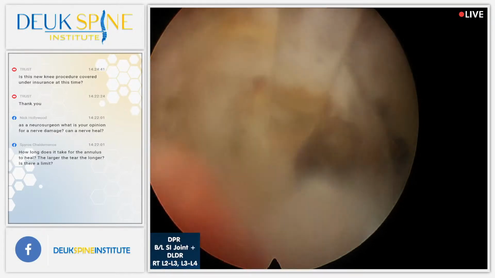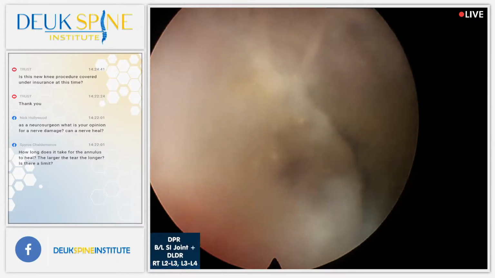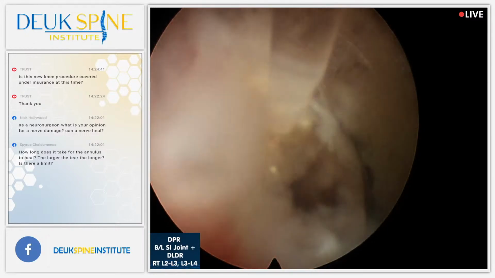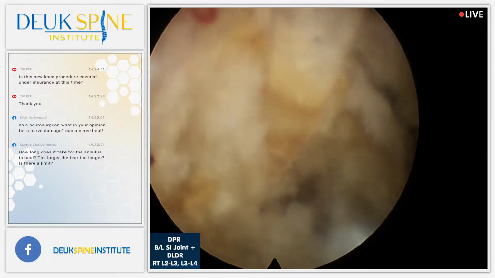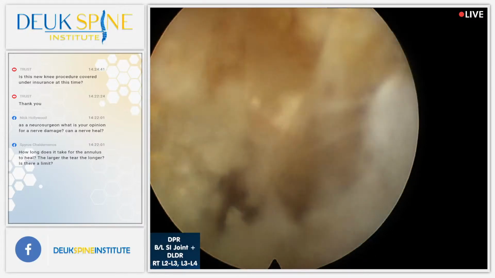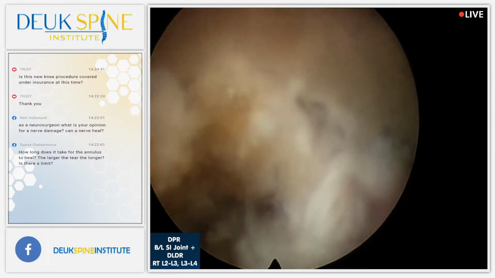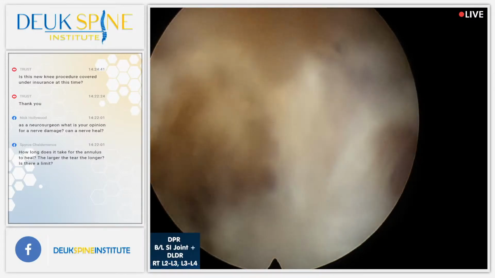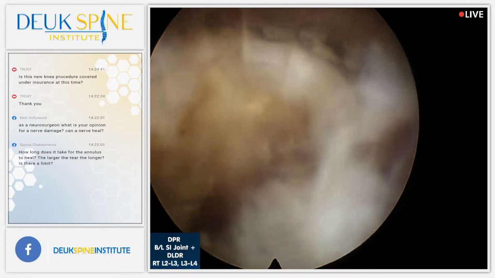All right, I'm just about finished here. This is all that hard calcium, why we couldn't get in earlier. And now we're cleaning it all up with the laser. Remember, she didn't have much leg symptoms, right? She was all back pain, yeah. So we've gotten rid of the back pain source, which is the tear in the back of the disc.